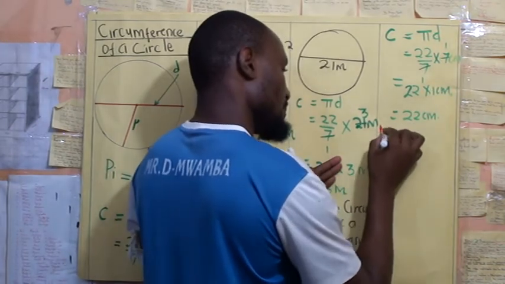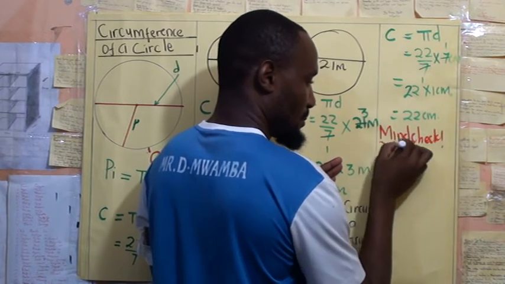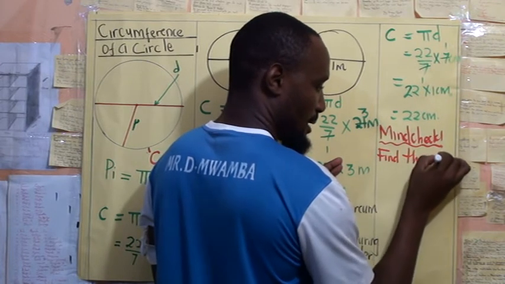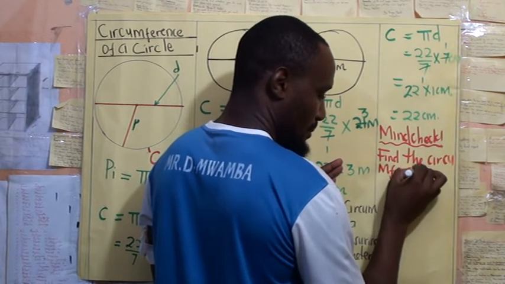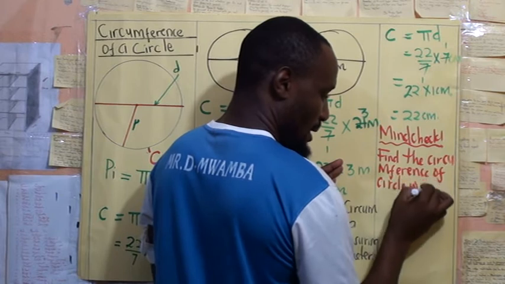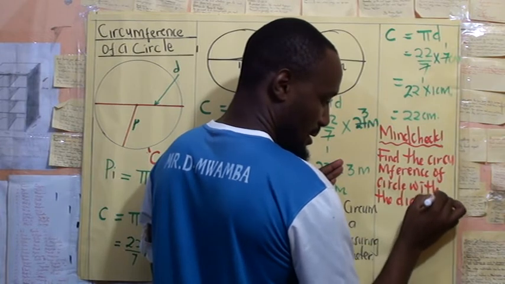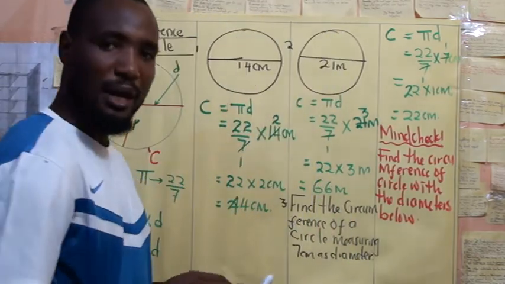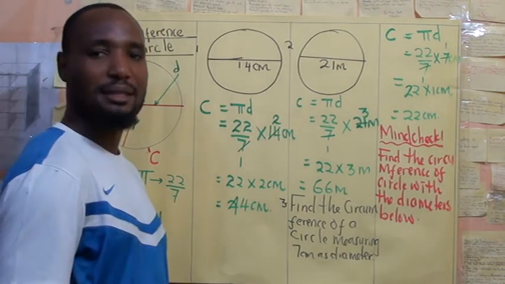Mind shape: find the circumference of circles with the following diameters. We will not draw the circles, but I'll give the diameters. You use the diameter to get the circumference.